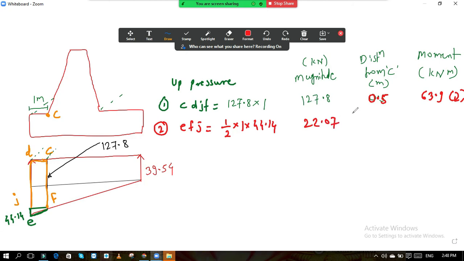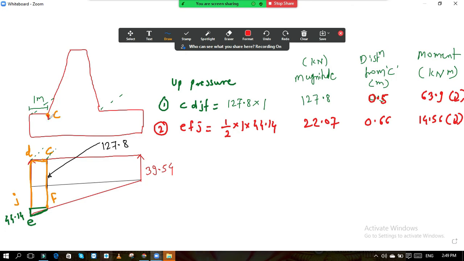Please check the calculations. And now CG, the distance from point C. So point C म्हणजे इथं right angle आहे. So 2/3 of base. So 2/3 of 1. It is 0.66. So this is 22.07 into 0.66. 14.56. Moment is 14.56. Again, this is clockwise moment because this is moving up.